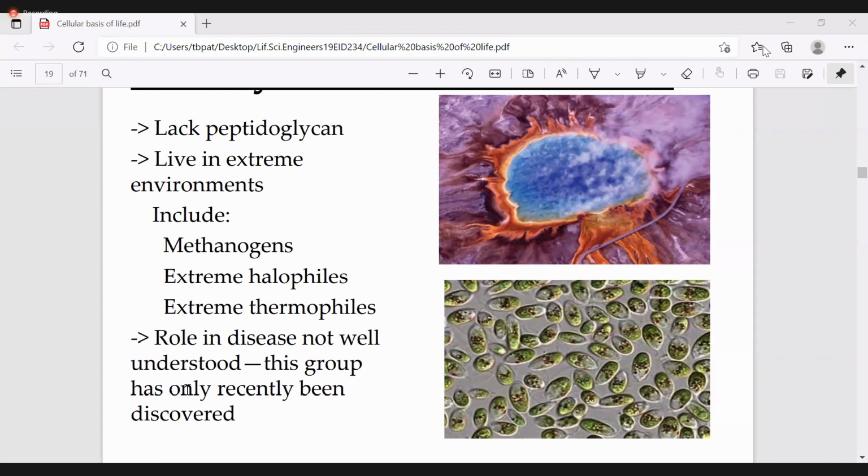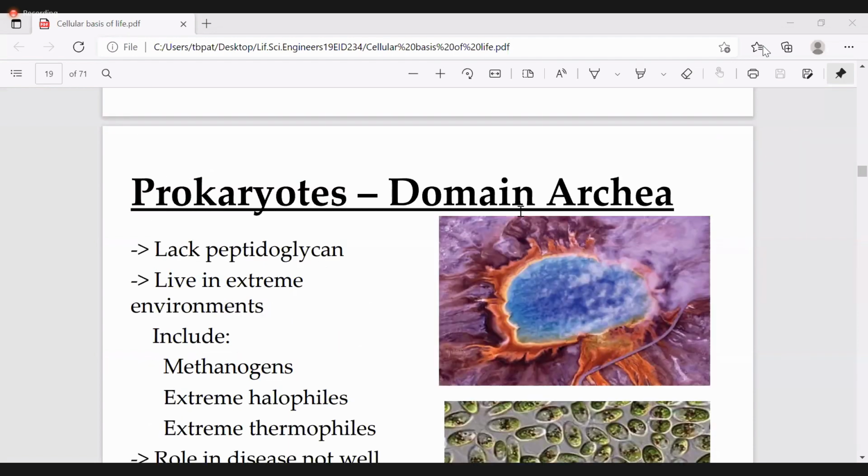This group has only recently been discovered. This particular domain, Archaea, is prokaryotic, but it is unicellular. The difference is a lack of peptidoglycan. This peptidoglycan layer is missing.